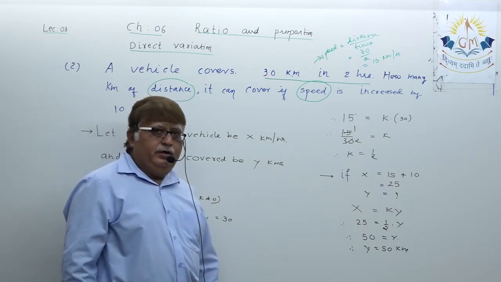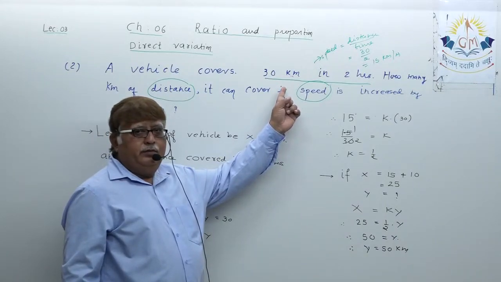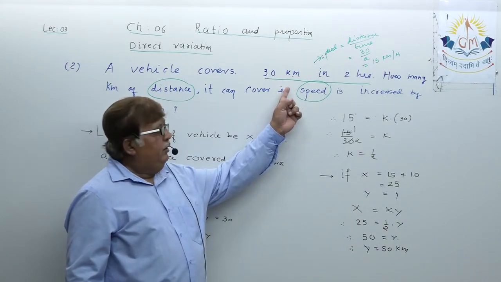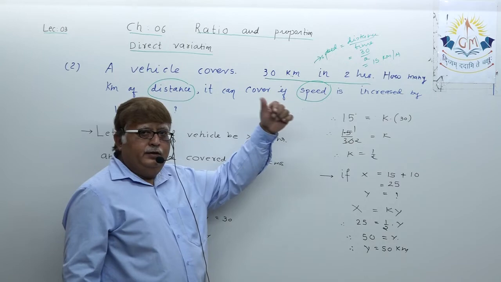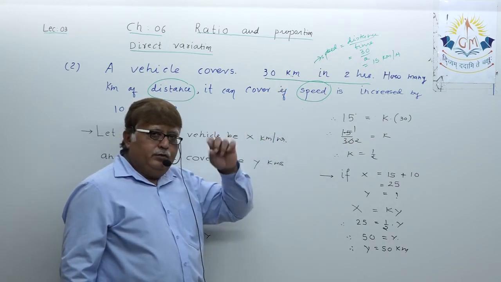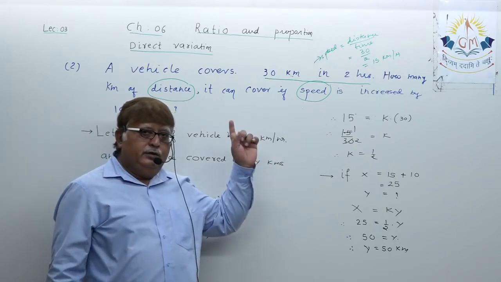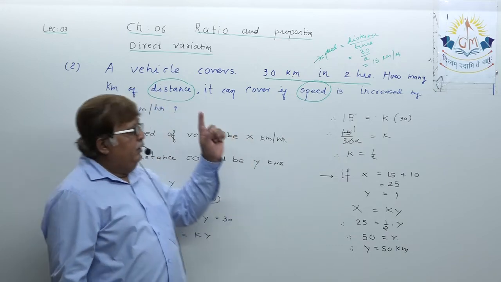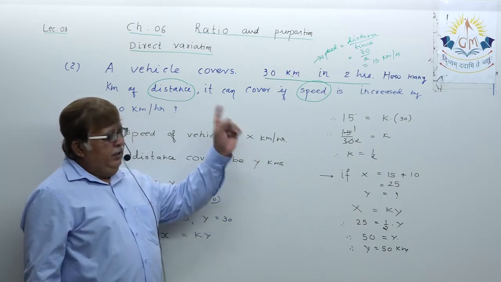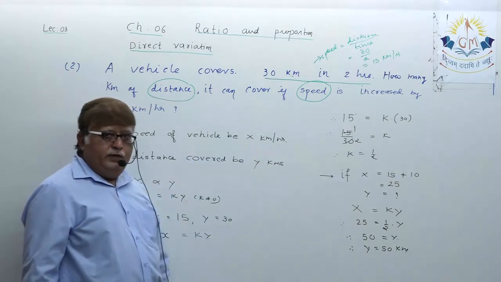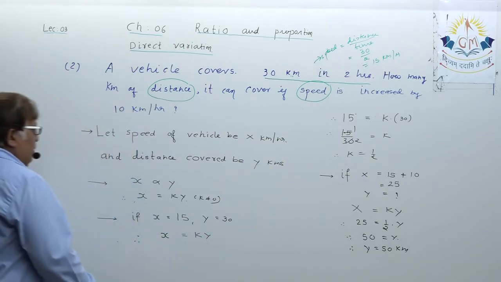Before I write the next example, here I have given distance and time, and you were able to find speed. This clue point, my dear student, please keep in mind. In the first statement I have given distance and time, and you are able to find the speed. Something looking like the same but with little contrast.